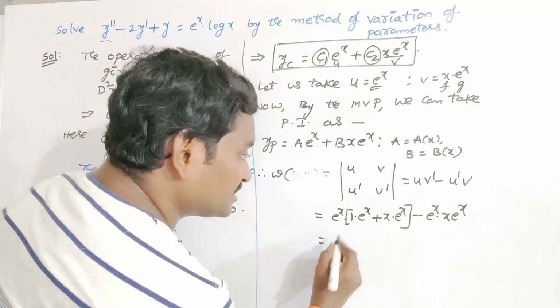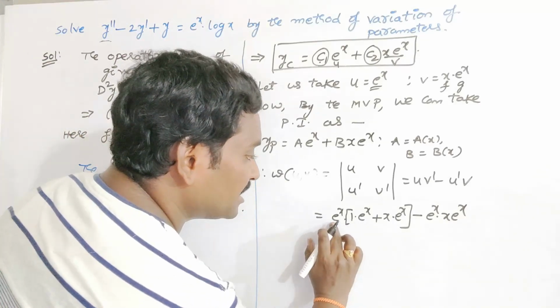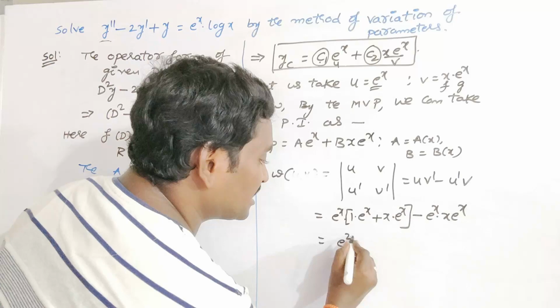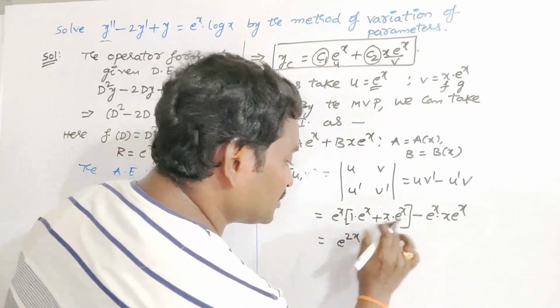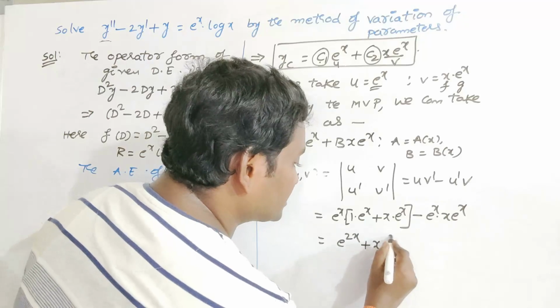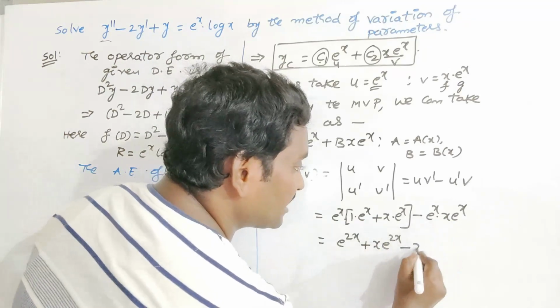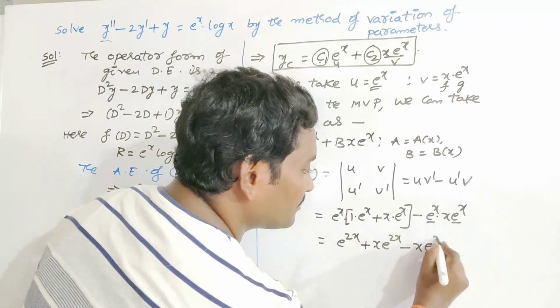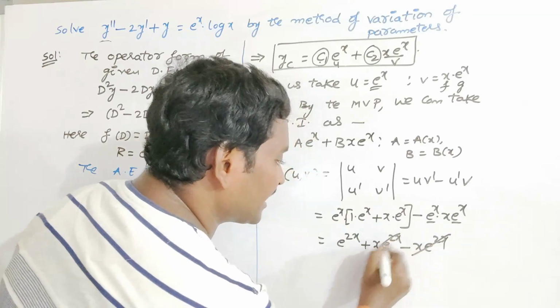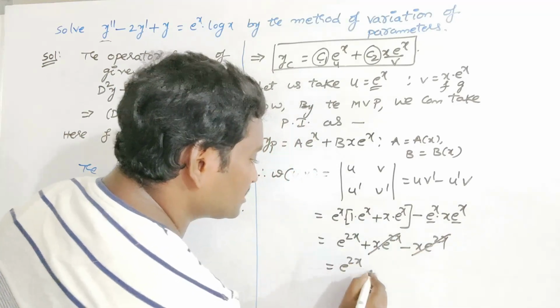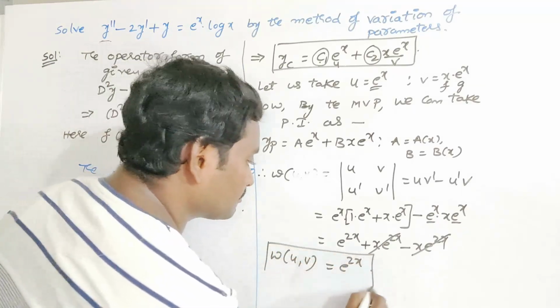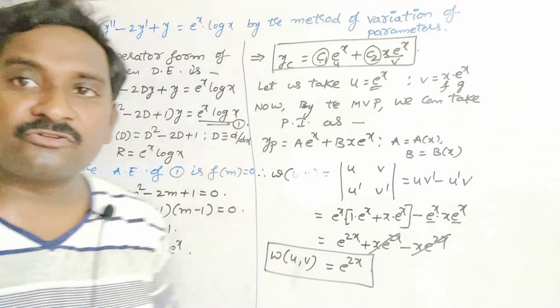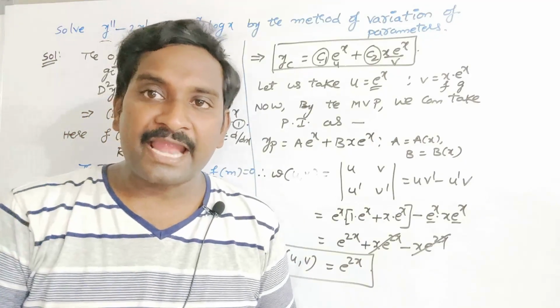Split the terms: e power x into e power x, the bases are equal so I add the powers, giving e power 2x. You will get here also x into e power 2x, and the last term is x into e power x into e power x, that is x e power 2x. These two terms get cancelled. So the Wronskian is nothing but e power 2x.